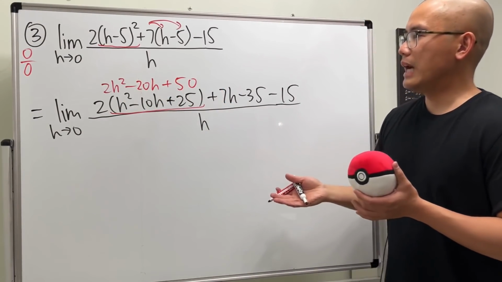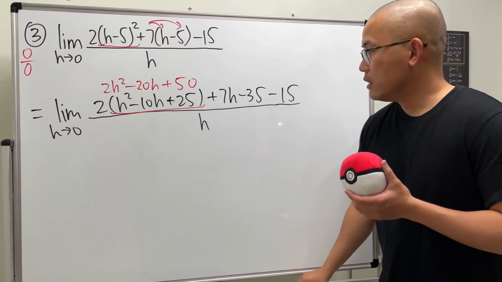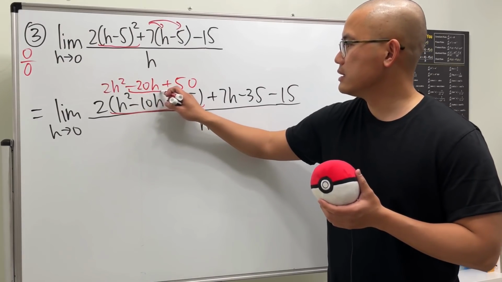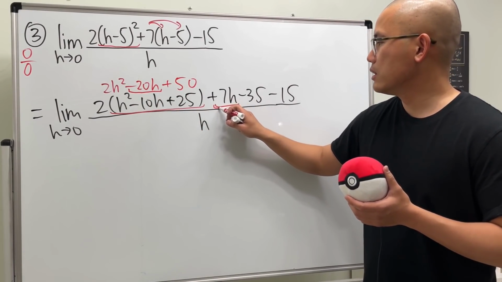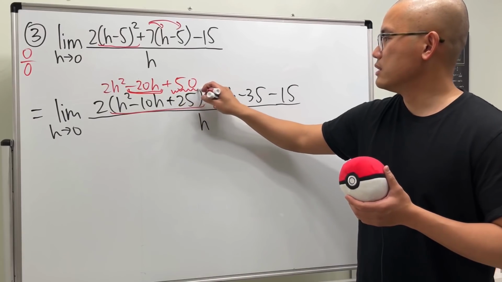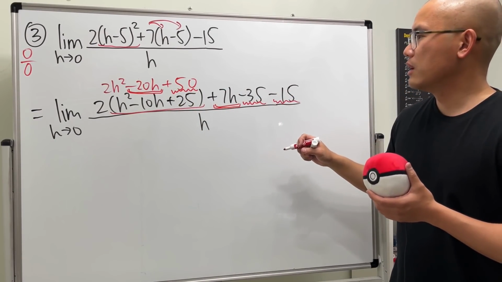Alright, so this is what we have, and let's see if we can combine anything on the top. Okay, we can combine the h terms, and then also this is 50, negative 35, and also negative 15. So what do we get?